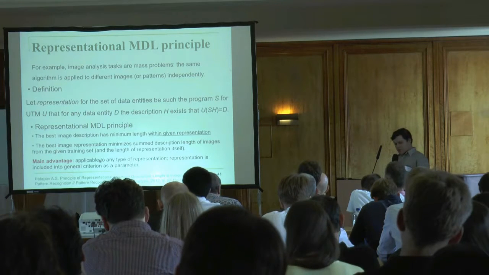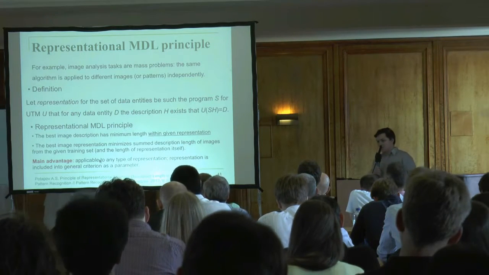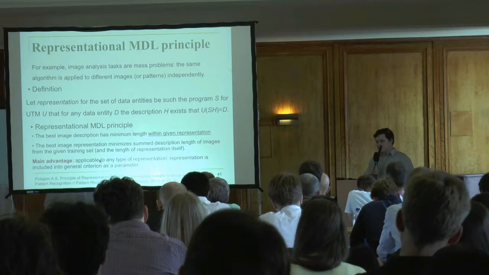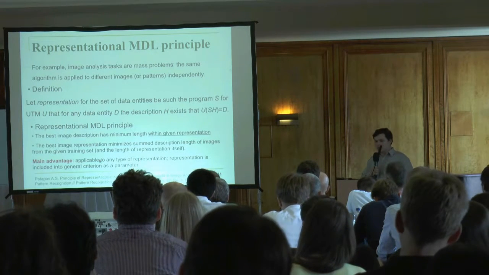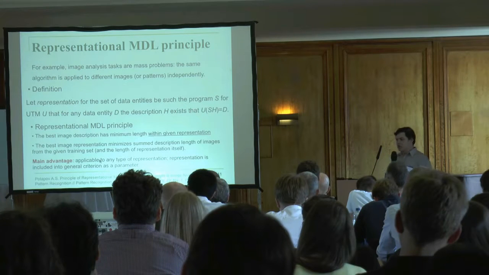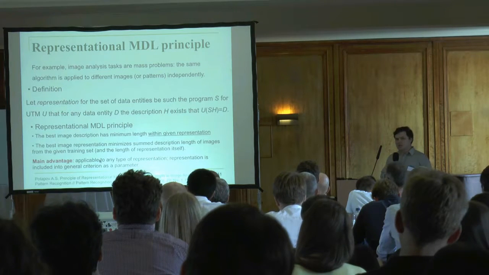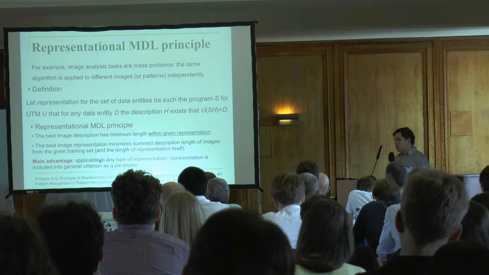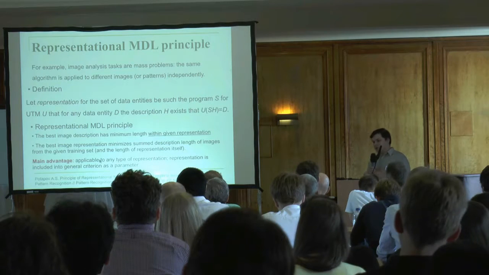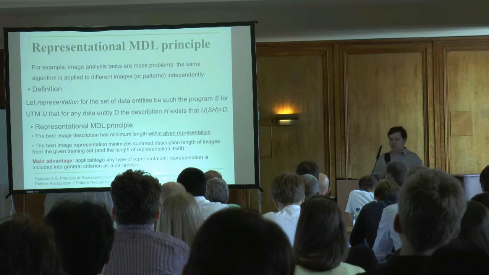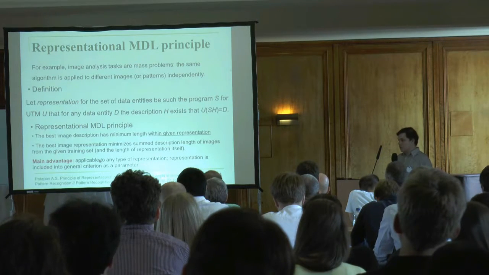Within this principle, we can say that the best model of the data is the model which gives us the minimum sum of the description length of the model itself described within the given representation and the description length of our data described within this model.